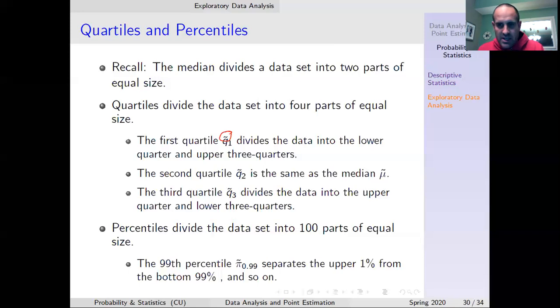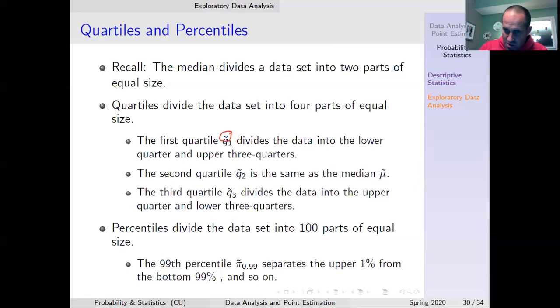Of course, here we're hacking the data up into chunks of size 25%. When we talk about percentiles, cent means 100. So what we're doing there is splitting up the data into 100 parts of equal size. The first percentile means that 1% is below it, 99% above.